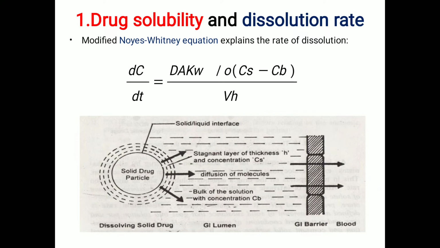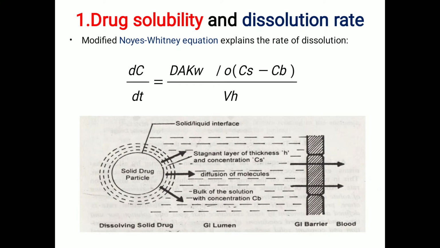The greater the value of D, the faster will be the dissolution of the drug. Then A is the surface area of the solid. The greater the surface area, the faster is the drug dissolution.